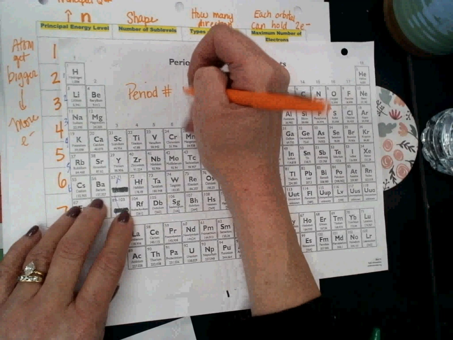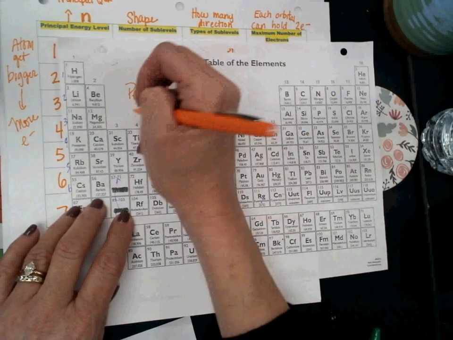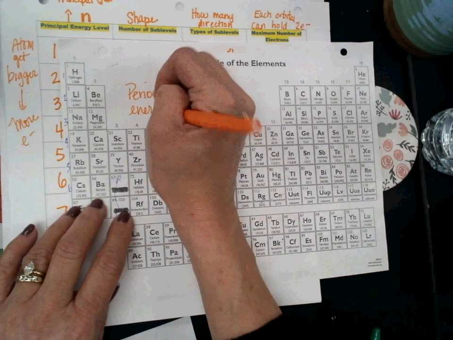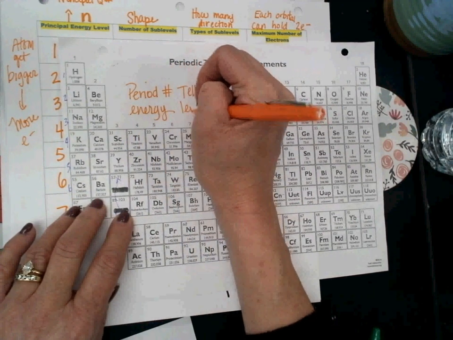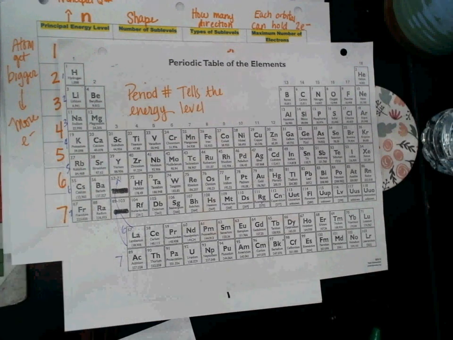The period number tells the energy level that the atom ends in. We're just going to leave it at that for right now.